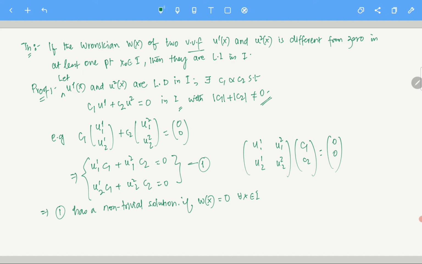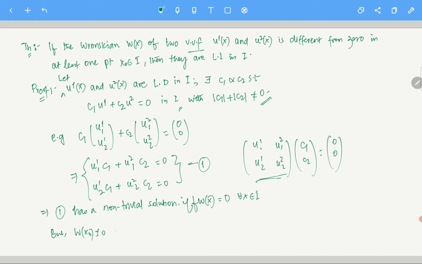If you want a non-trivial solution, then of course the determinant of this particular matrix has to be 0, right? That's from the theory of linear equations. So for this system to have a non-trivial solution, if and only if the Wronskian of x has to be 0. But it is given that the Wronskian of x is non-zero.